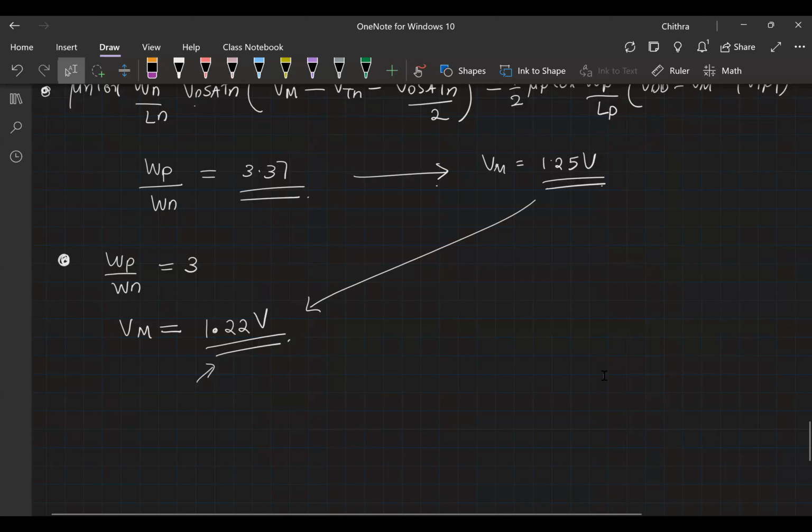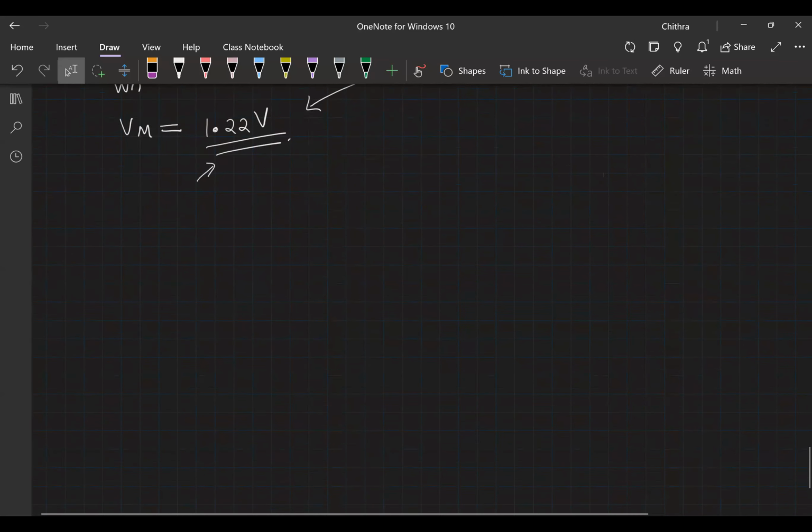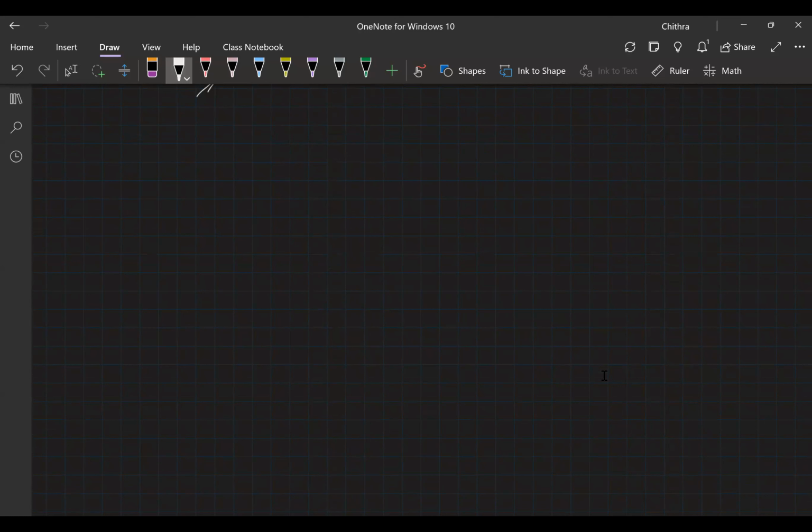Right. Now what should we do? So we have done calculations for the midpoint voltage. What is remaining? What analysis did we do for the resistively loaded inverter? Power is there. What else? Something related to the VTC we had derived, right?